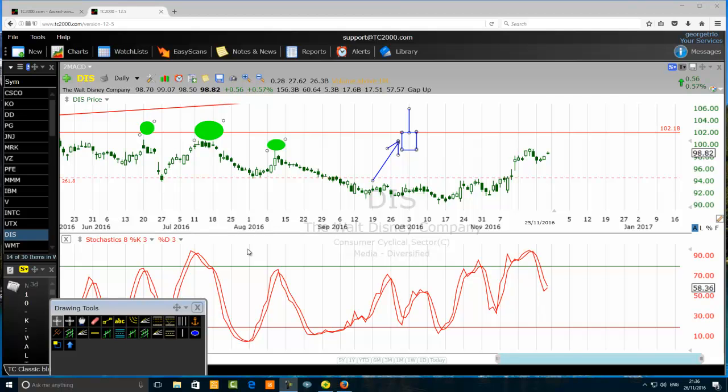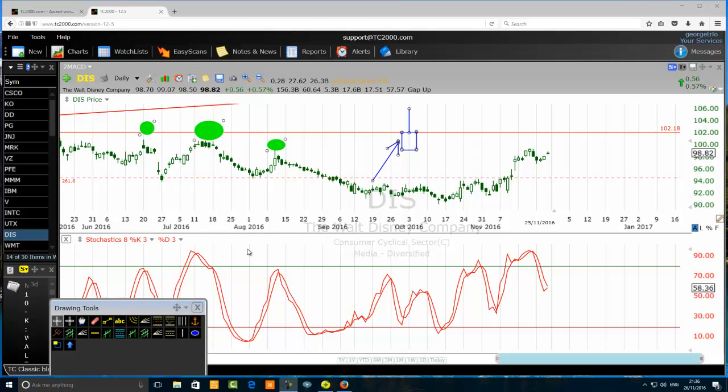After practicing, you will be able to filter out the false overbought and oversold stochastic with a specific candlestick bar.